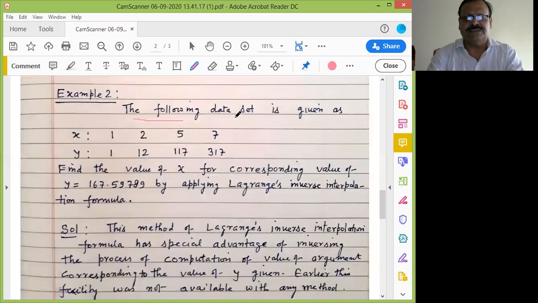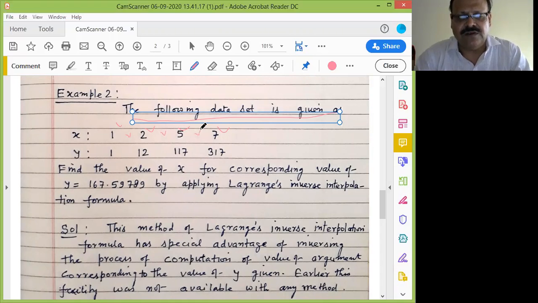The following data set is given: x is equal to 1, 2, 5, 7. Another verification we can make: the gaps are 1, 3 and 2, so it is also an unequally spaced interval. And y is given as 1, 12, 117, 317.